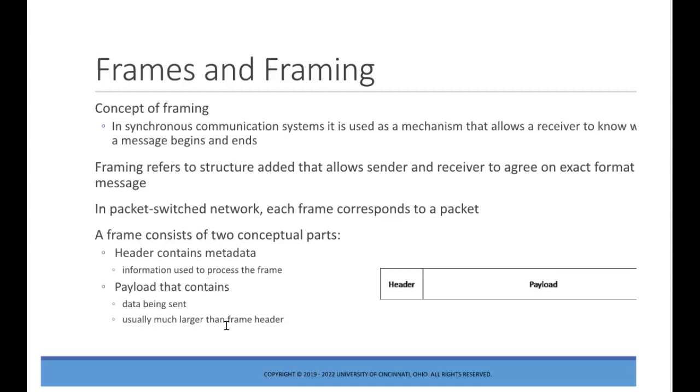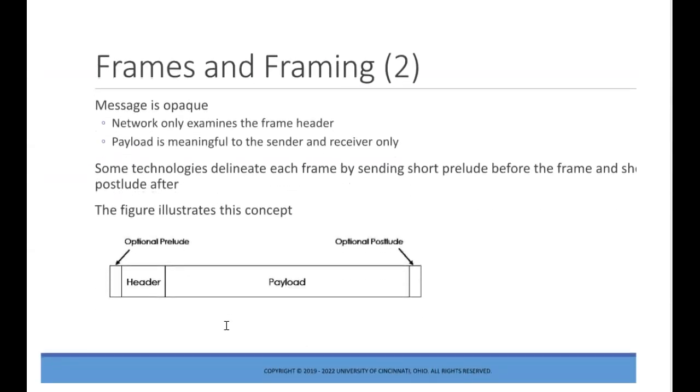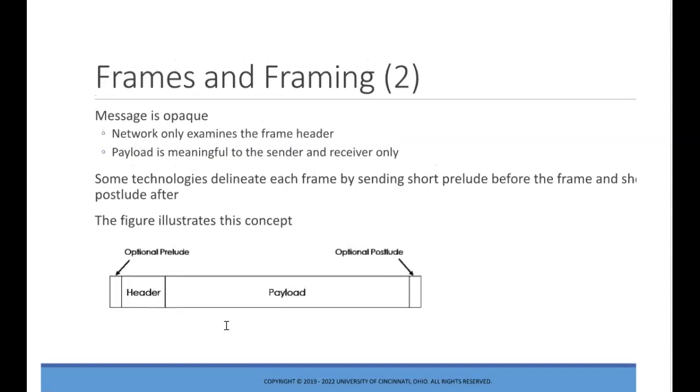Typically, the payload is much larger than the frame header. A message is opaque in the sense that the network only examines the frame header. The payload can contain an arbitrary sequence of bytes that are only meaningful to the sender and receiver. Some technologies delineate each frame by sending a short prelude before the frame and a short postlude after it.